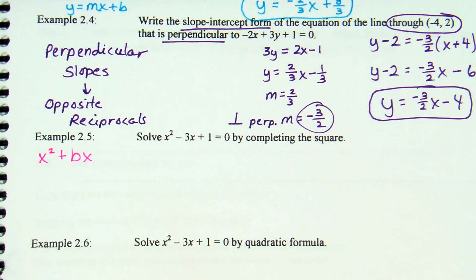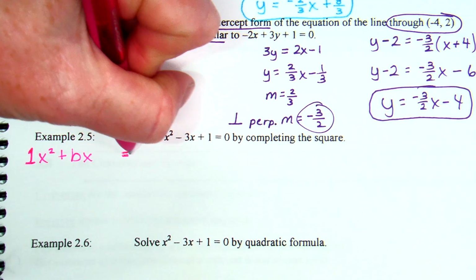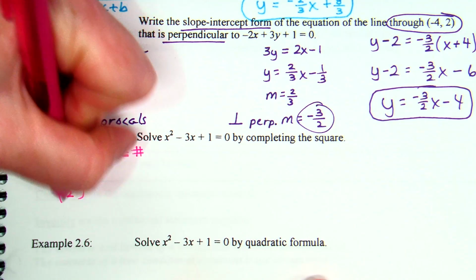Since we're solving an equation, I'm going to put my number over on the right side. So I'm trying to get x squared plus bx by itself equal to a number. And then, yes, Ross does remember, b over 2 quantity squared is what we're going to find and then add to both sides, if you will.